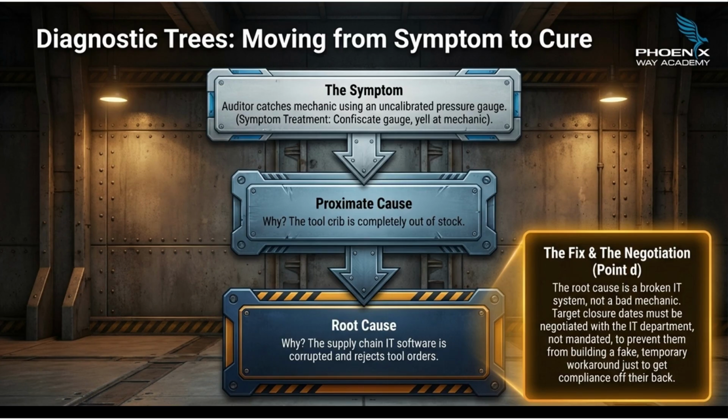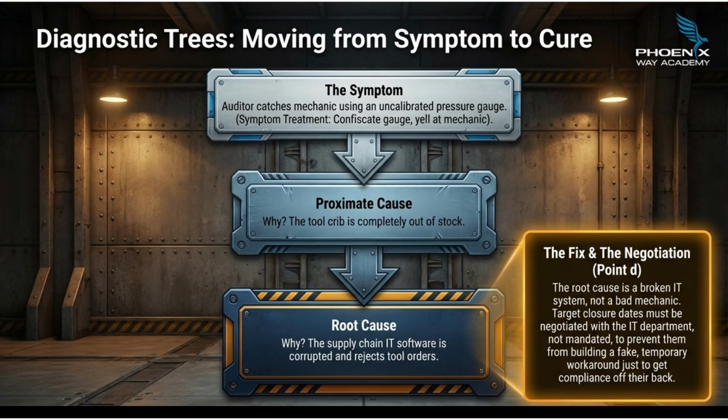Right. Let's use a real example. An auditor catches a mechanic using a completely unauthorized, uncalibrated pressure gauge. The symptom treatment is just taking the gauge away and yelling at the mechanic. But Clause C forces you to ask why. Why did they even have it? Well, maybe the tool crib is out of stock. Okay, why is it out of stock? Because the supply chain software is corrupted and keeps rejecting tool orders. Oh, I see.